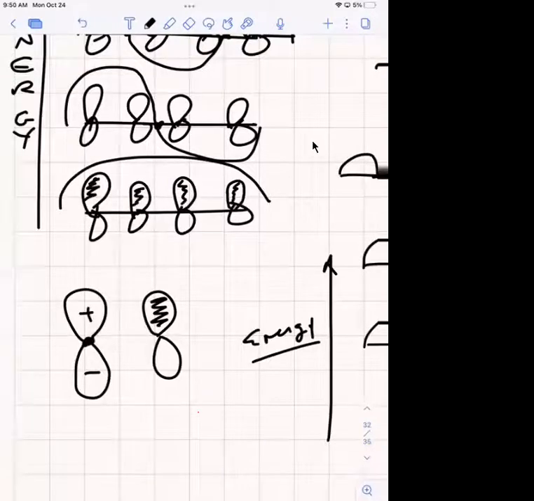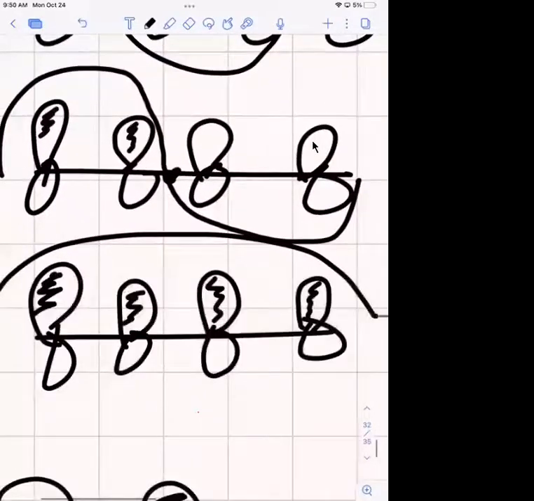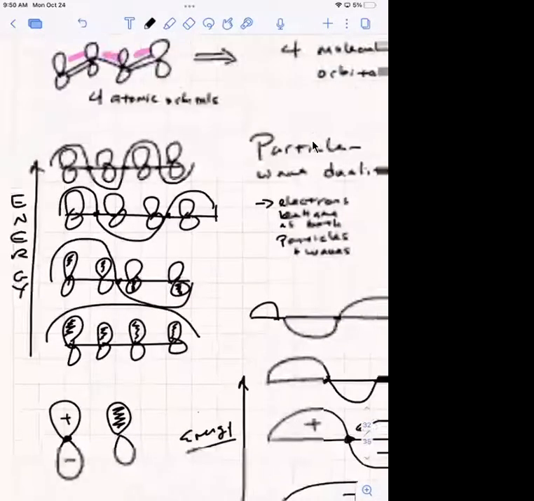Right. Then you go to the next energy level. What do you think happens when that wave passes through zero? Do you think there's going to be a sign change? It should be, right? Because the wave passing through zero changes the sign of the equation. So that's how we're going to look at those.